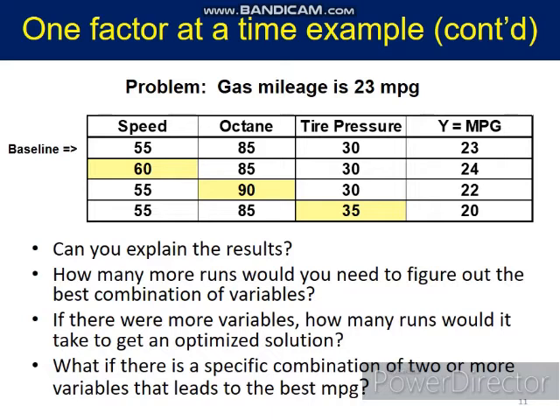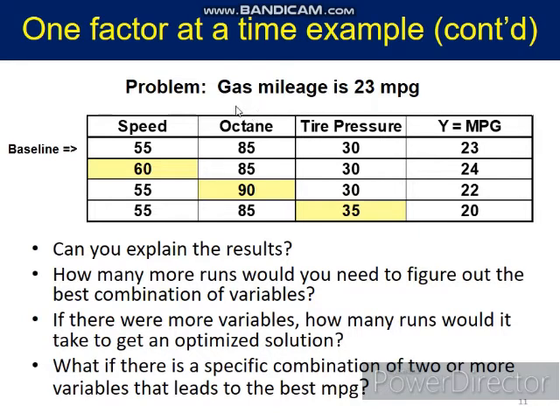Okay, let's look at an example of running this experiment using one factor at a time. Just now we said that the current gas mileage you can get out of the car is 23 miles per gallon. So for every 1 gallon you can only get 23 miles, and you want to maximize it, right?